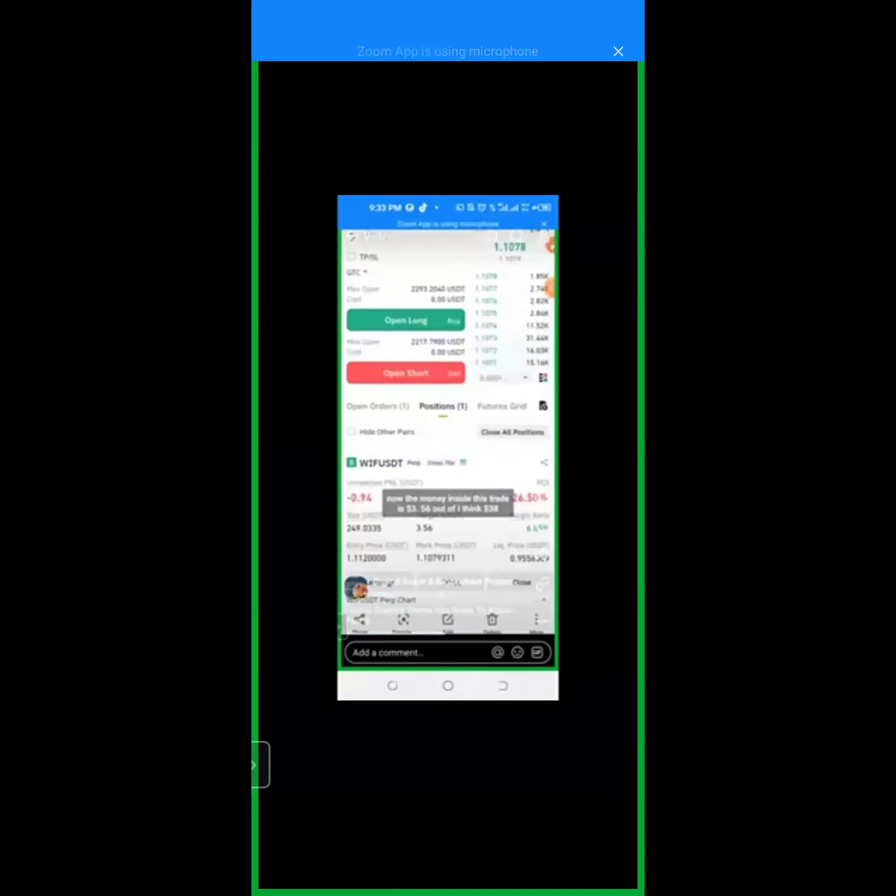Now the money inside this trade is $3.56 out of, I think, $38. If you are doing isolated margin mode, the moment your unrealized P and L is equal to 3.56, you want the trade to close, and the trade will just close.